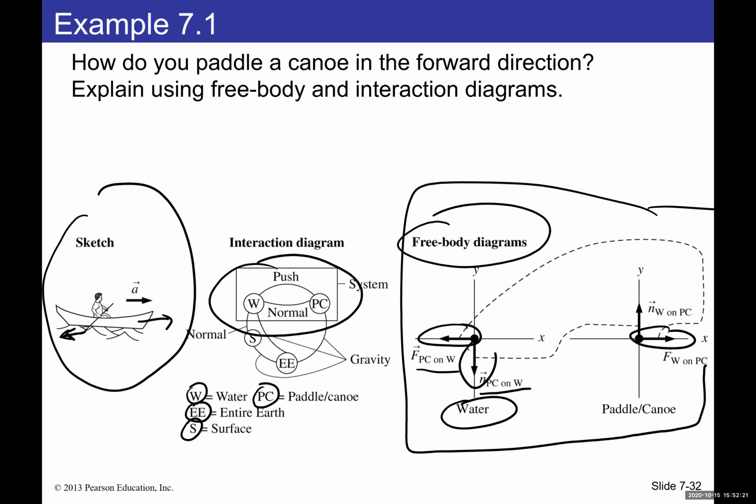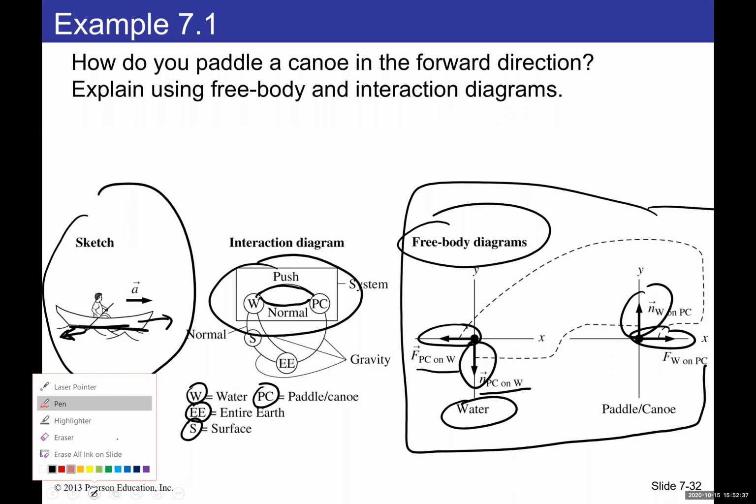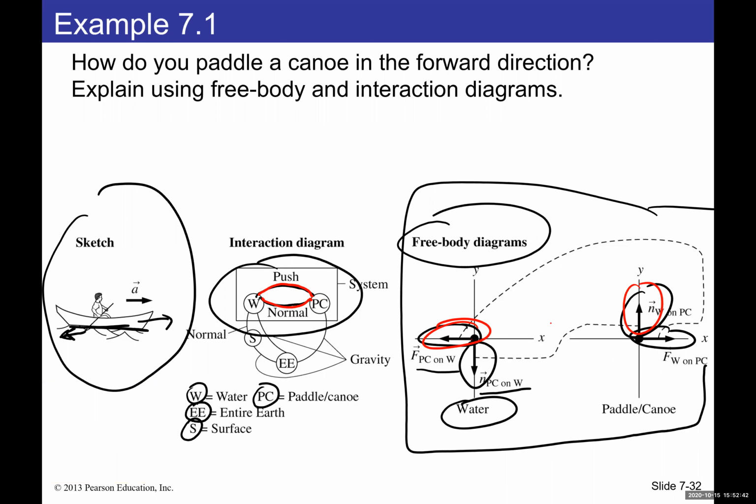Also, we exert a normal force, because there's a contact, right? Normal force with water, and the water exerts normal force on the canoe. So those are two interacting forces. That's why there are two lines over there. Two interacting lines, one and two, because those two are paired together.